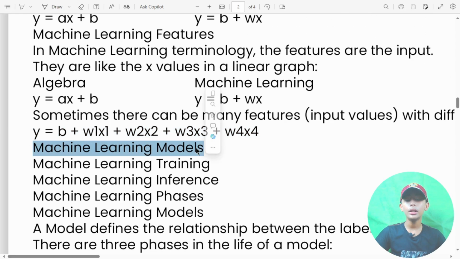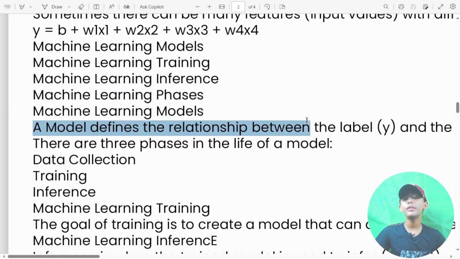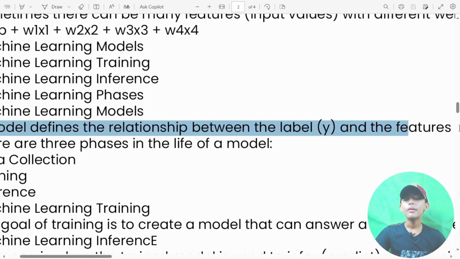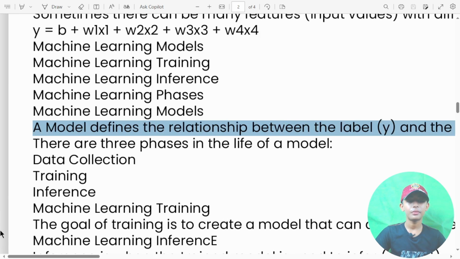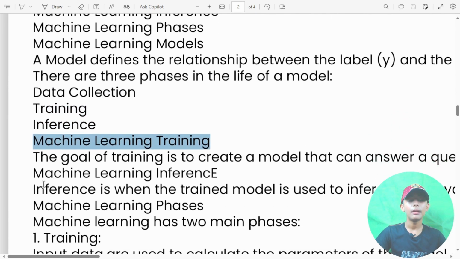Machine learning models, machine learning training, machine learning inference, machine learning phases. Machine learning models: a model defines the relationship between the label y and the features x. There are three phases in the life of a model: data collection, training, and inference.